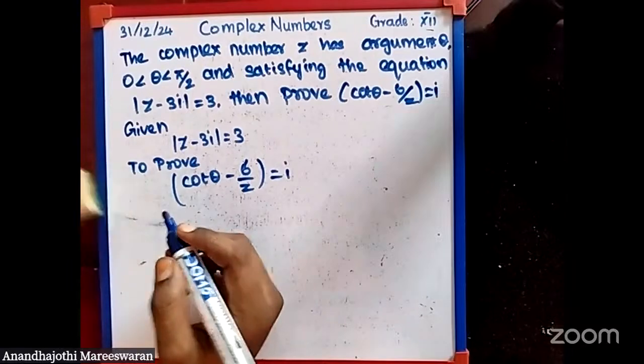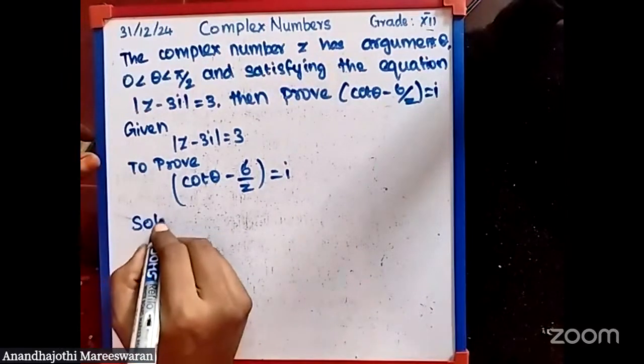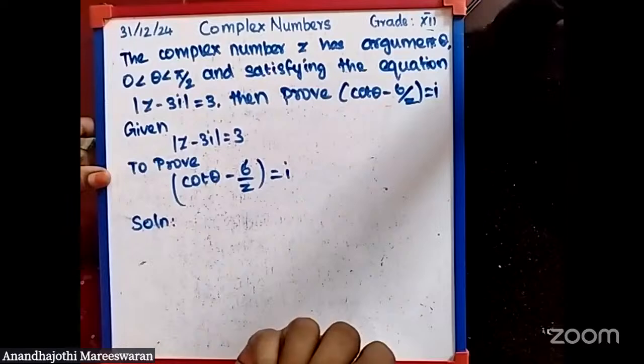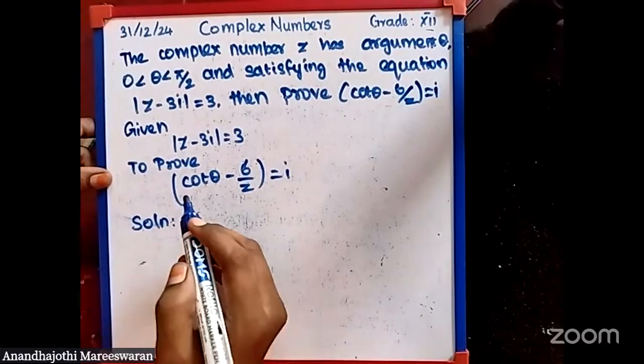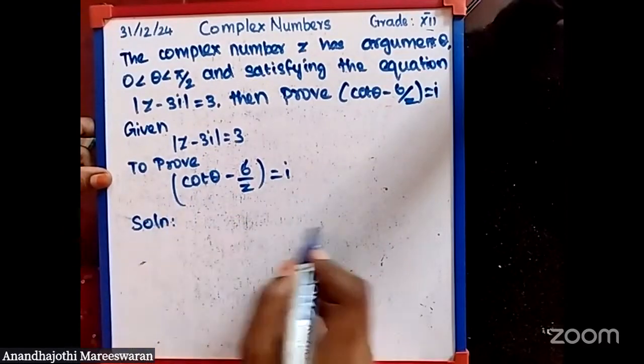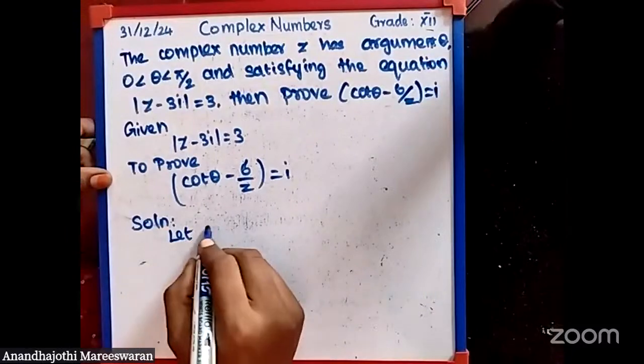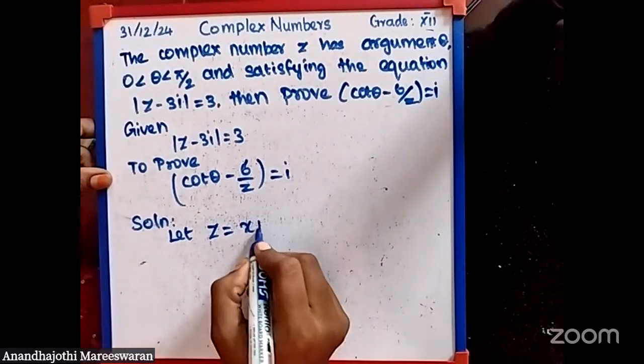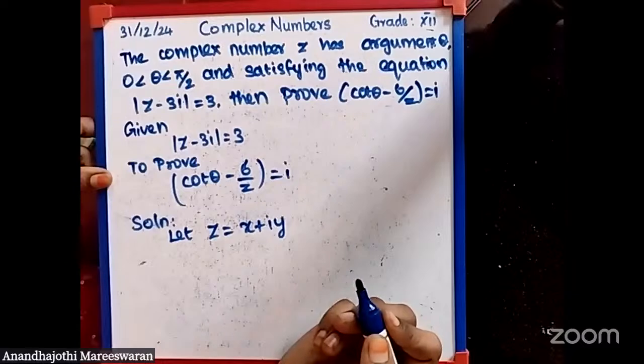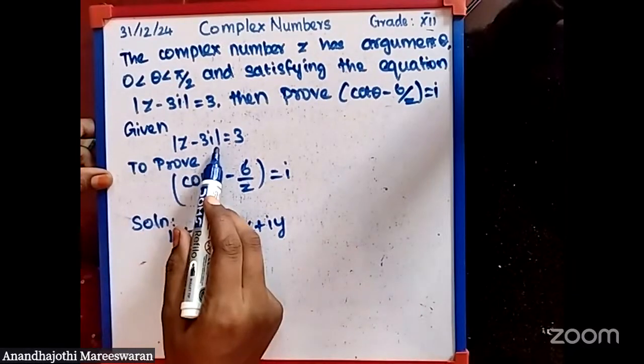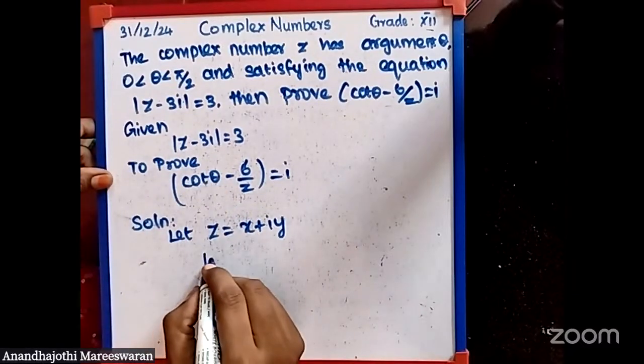Okay, solution. Shall we start? For solving this, I will take z equals x plus iy. But what they have given here is the modulus of a complex number.